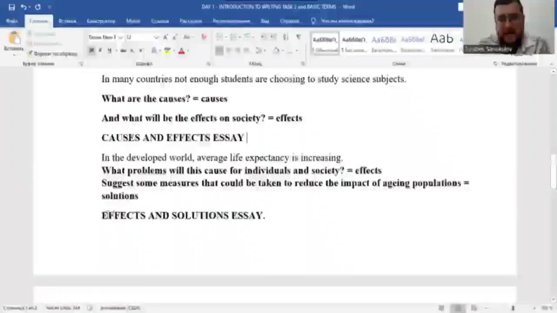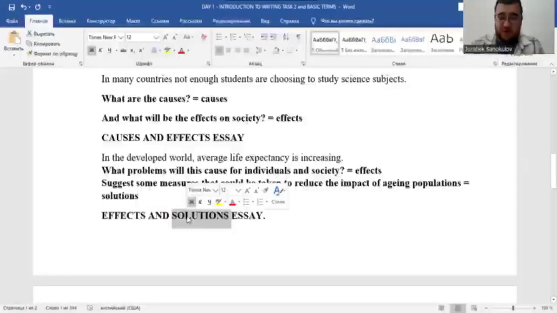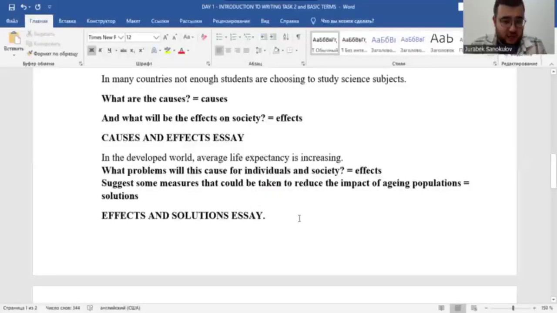And the same is going to happen here. If you discuss, let's just say, causes and solutions, you're not going to get a very good score on task response again, because you misunderstood the question and you're not answering it. So it's very important to distinguish these questions, okay?